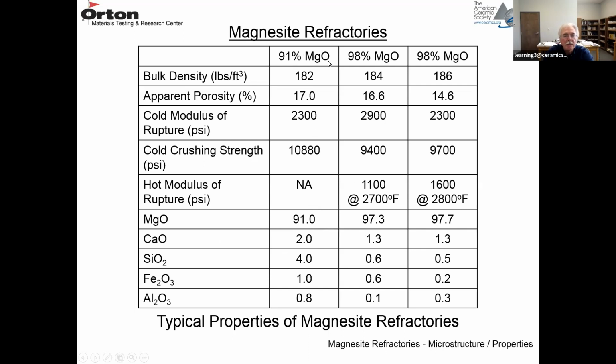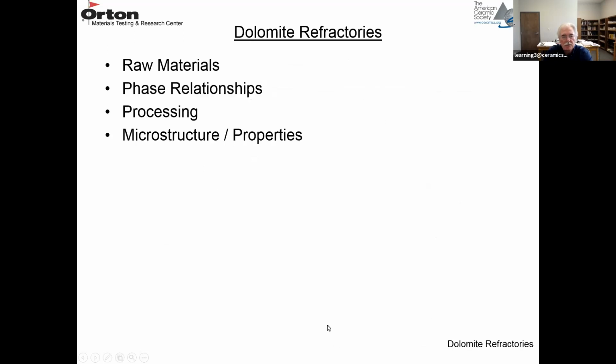It has a high impurity level, 9%. So they don't even bother to measure the hot strength because we know it's going to be relatively poor, but it's still a useful material. It's probably used in an application that's at a much lower temperature. Fe2O3 and Al2O3 are the other impurities that are present. So that was MgO. Are there any questions on that refractory material?